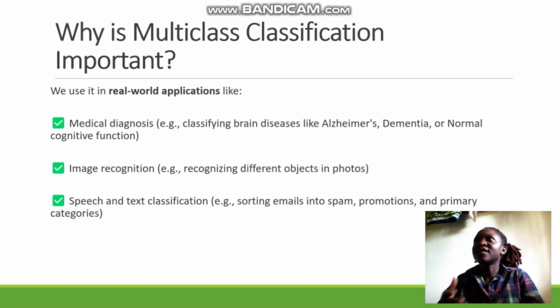Or maybe you have 3 classes of diseases and you want to distinguish between them at the early stage, because we may find that these 3 classes of diseases have similar symptoms, so it makes it hard to tell apart. So you have to apply multi-class classification for this.